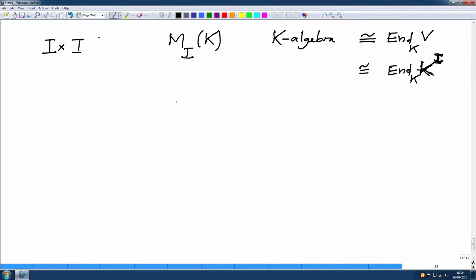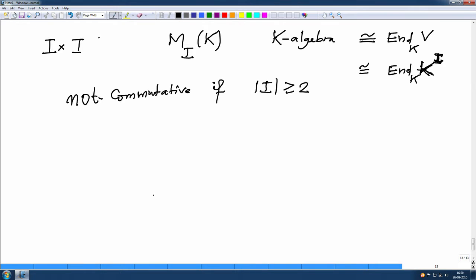So, it is not commutative if the cardinality of I is at least 2.